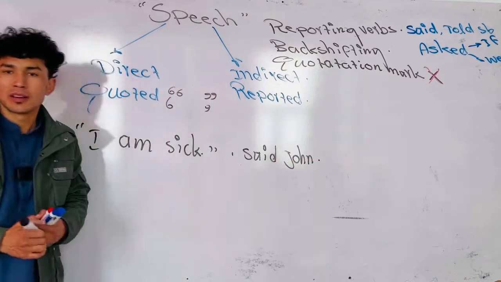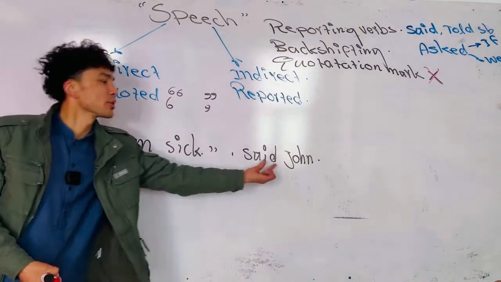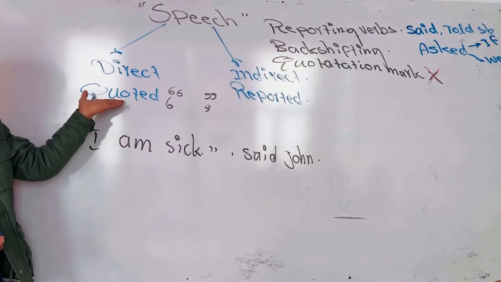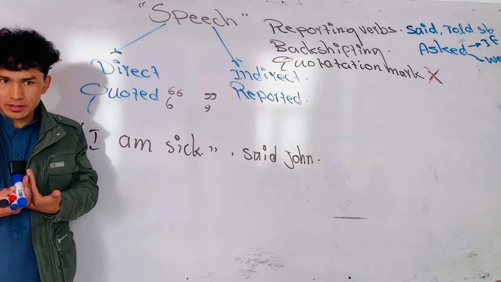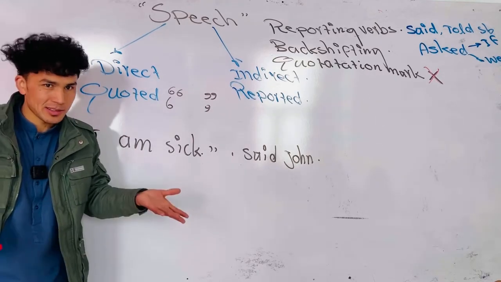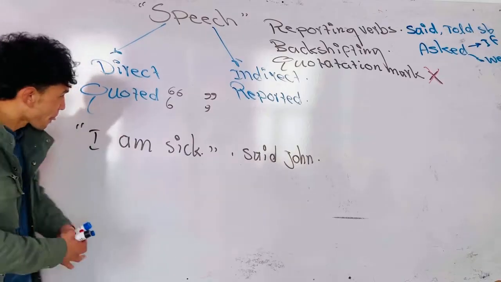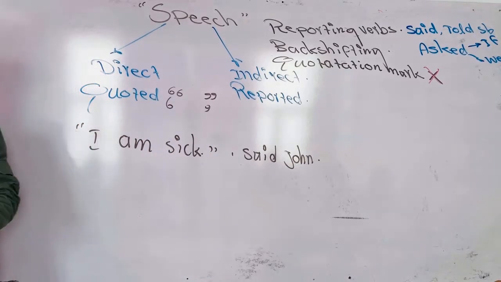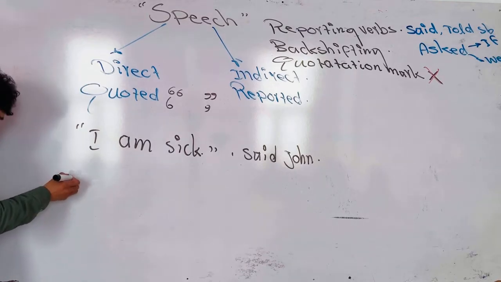Said John, I'm sick. This is up to you. You can bring it at the beginning or at the end of quoted speech. John said, I am sick. John is actually a he. Understand? Okay, said John, I am sick. This is present simple, isn't it? Yes. Did you understand?